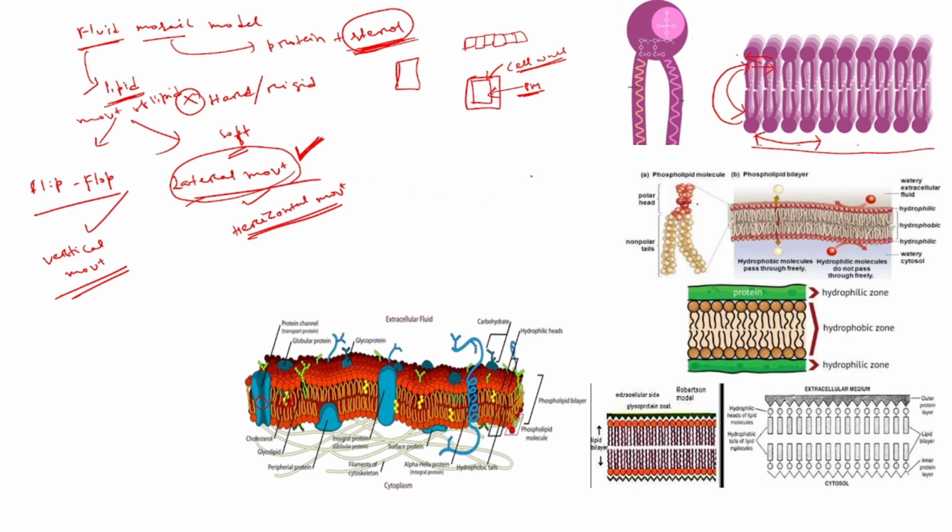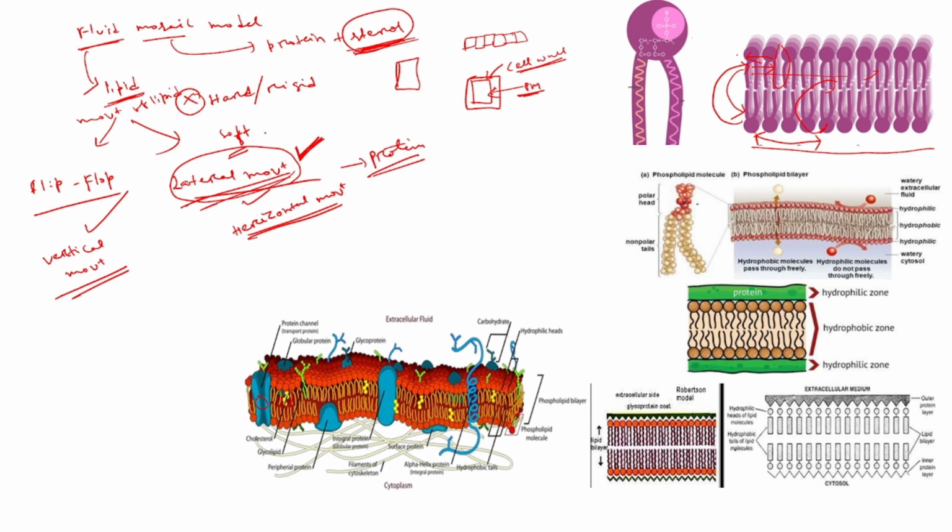Along with the lipid, let us say some proteins are present inside. The proteins also move, but only in the lateral movement. That means the protein can move only laterally, in one leaflet only, but it cannot move like the flip flop. That means the protein cannot go from one layer to another layer, but the lipid can.